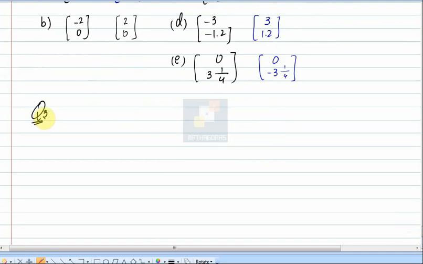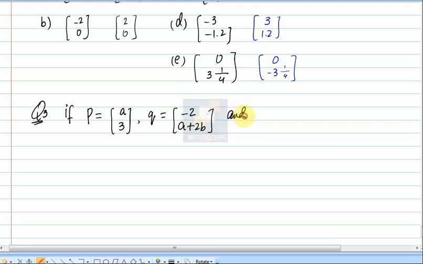The question says, if P is equal to A and 3, Q is equal to -2 and A plus 2B, and P is equal to Q, that is given.